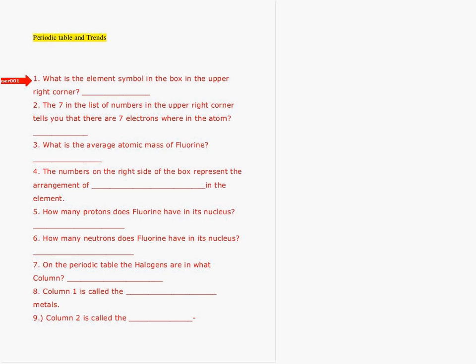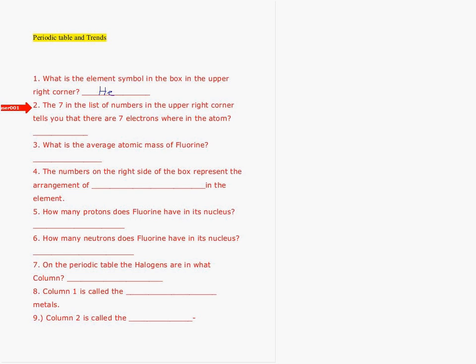Okay, so you want to say this is helium. We give the answers here also, so that we can check it after we are done. Helium. Okay, what about the second one?